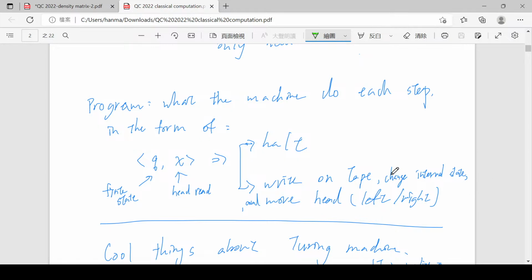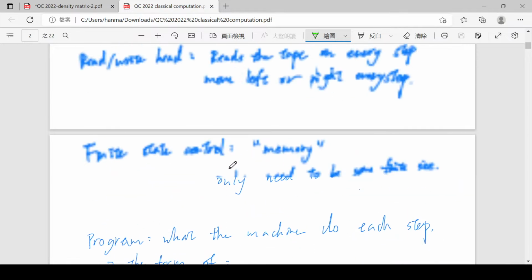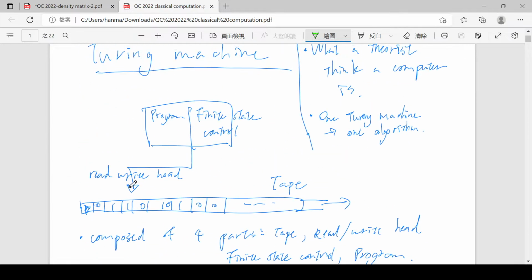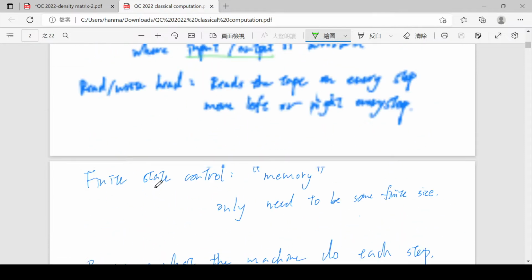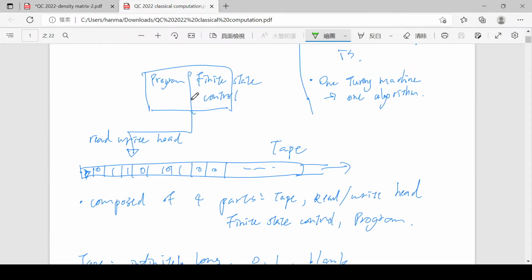So the other operation is to write on the tape. It will do all three of the things here. That is, you will write on the tape, and you can change the internal state on this finite state control to anything it wants, and it can move the head left or right.